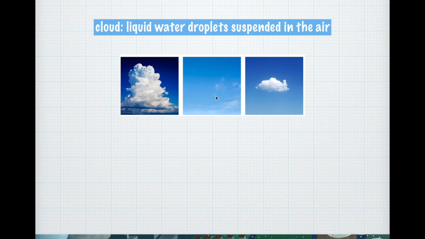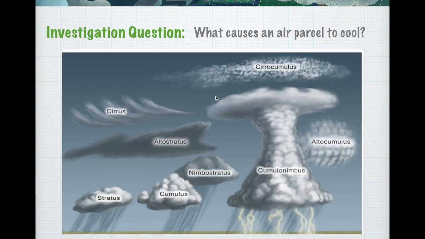Now, at this point, it's waiting for gravity to pull it down. You read in the articles that gravity pulls the rain back down. So it has to reach a certain amount of weight for gravity to pull the liquid back down.